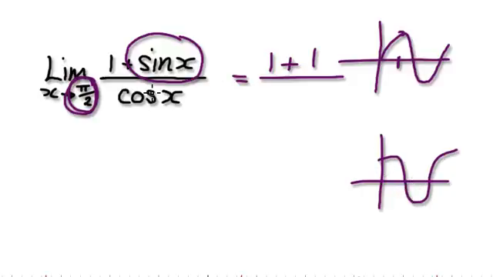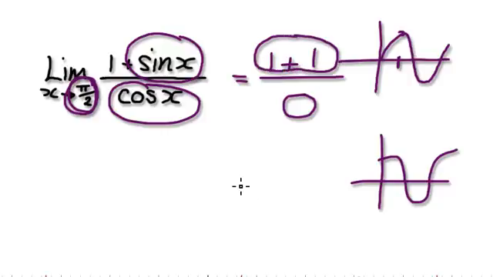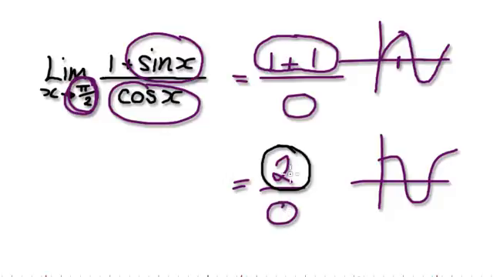So this here will be 0. Just like in the previous exercise, this here is a definite limit, which is 2, and then this here is 0.